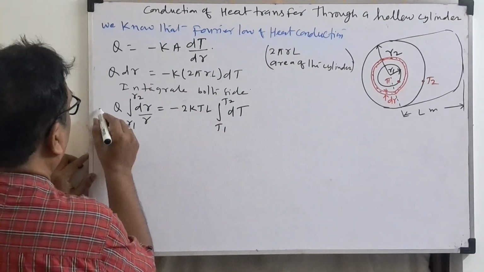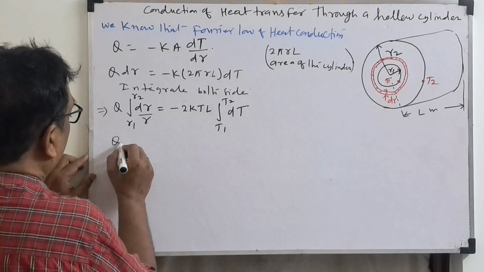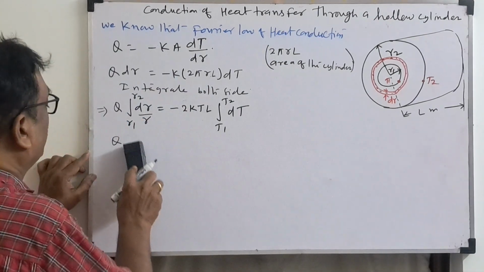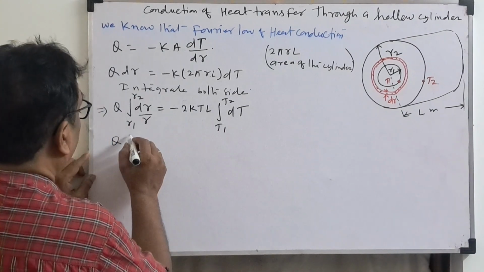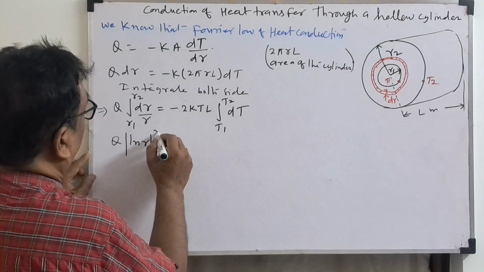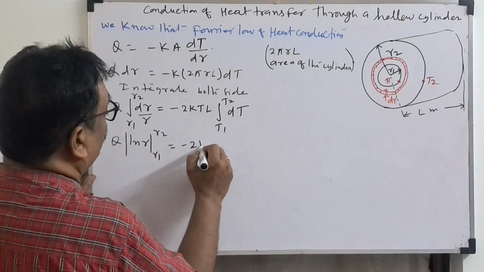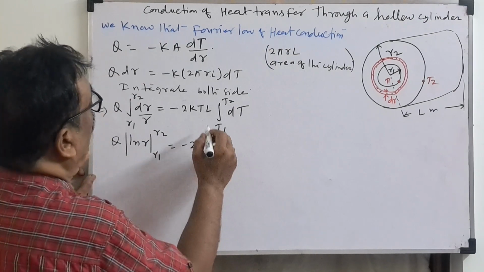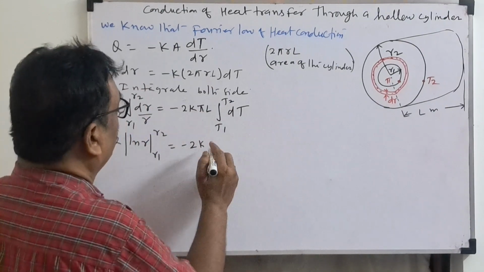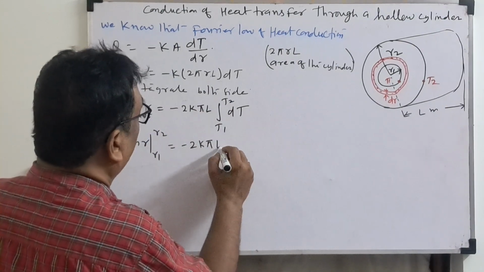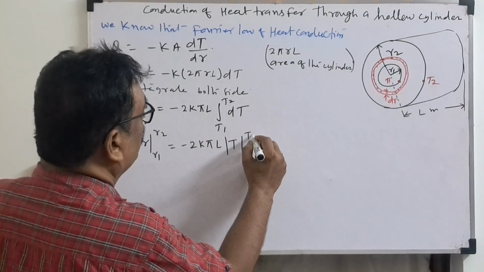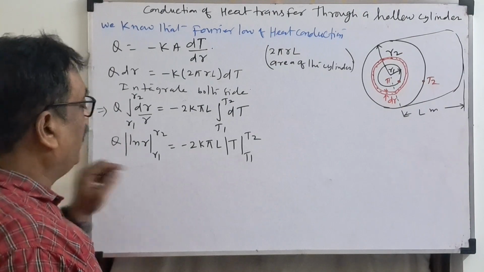Now we integrate. Q integral of dr by R is ln R, with limits R1 to R2, equal to minus 2 K pi L dT, temperature T1 to T2, upper limit minus lower limit.